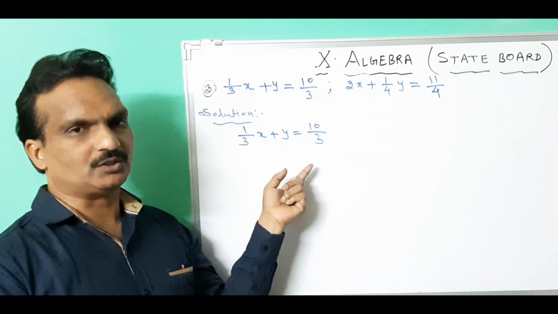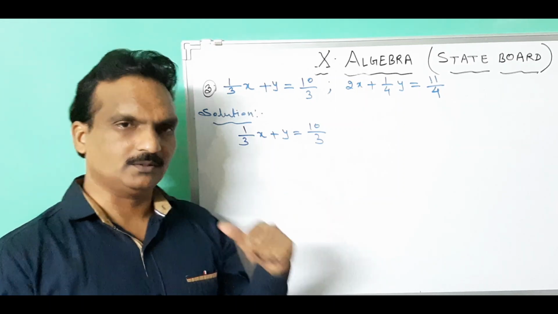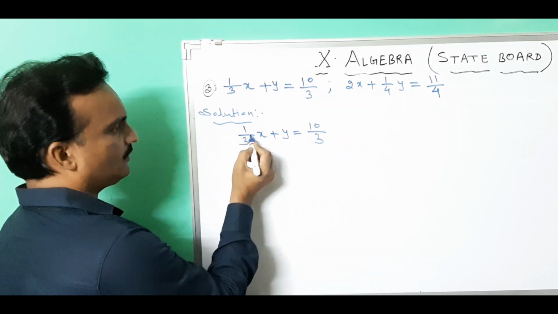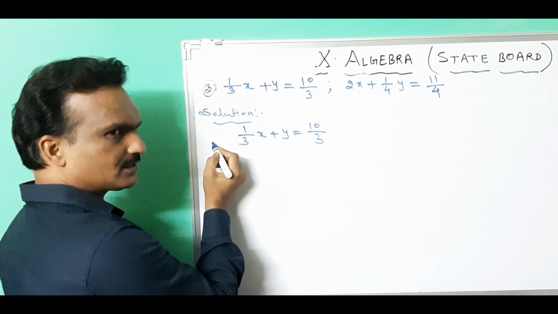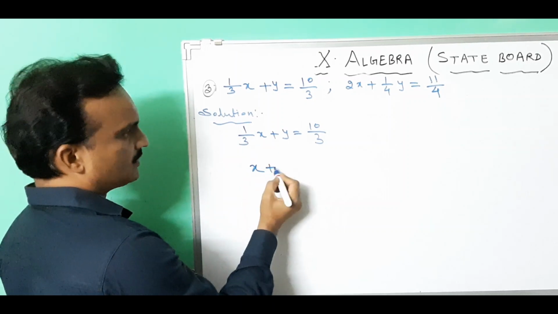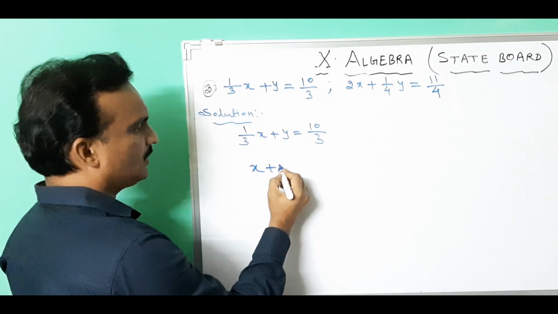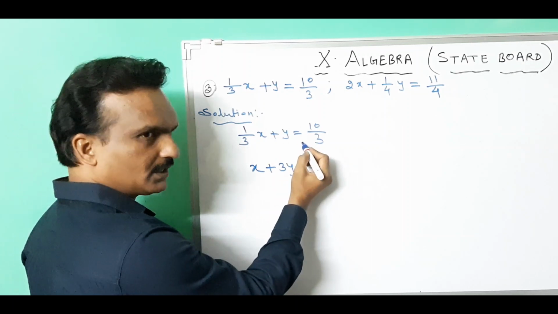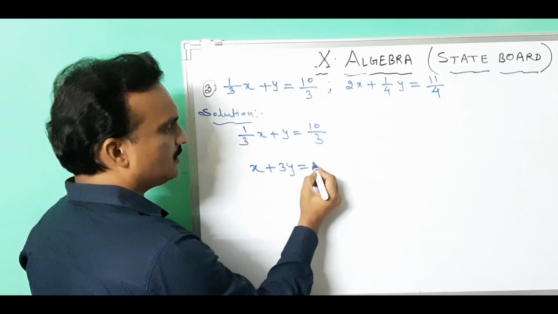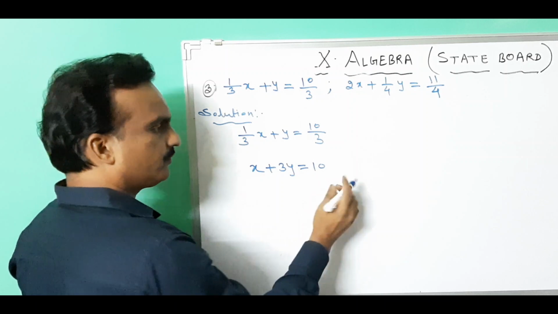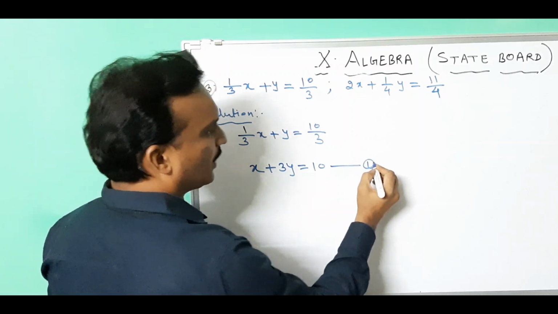So this 3 and this 3 will get cancelled. So we will get only 1x plus multiply y with 3, you will get 3y, and if you multiply here 3 and 3 again will get cancelled, you will get just 10. Now the equation is easy. Take it as number 1.